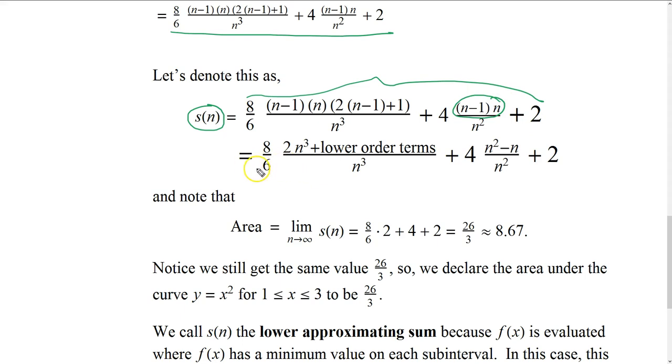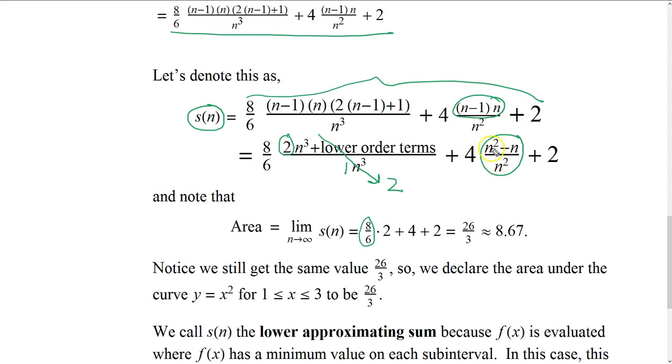Now, if we take the limit of this quantity as n goes to infinity, notice that we still have our 8/6. Right, so that's right down here, 8/6. This term right here is approaching 2. Notice we have 2n cubed over n cubed. So the degree of the top is the same as the bottom. So the quotient of the leading coefficients, 2 and 1. So this is approaching 2 as n goes to infinity. This term right here, degree of the top is the same as the bottom.